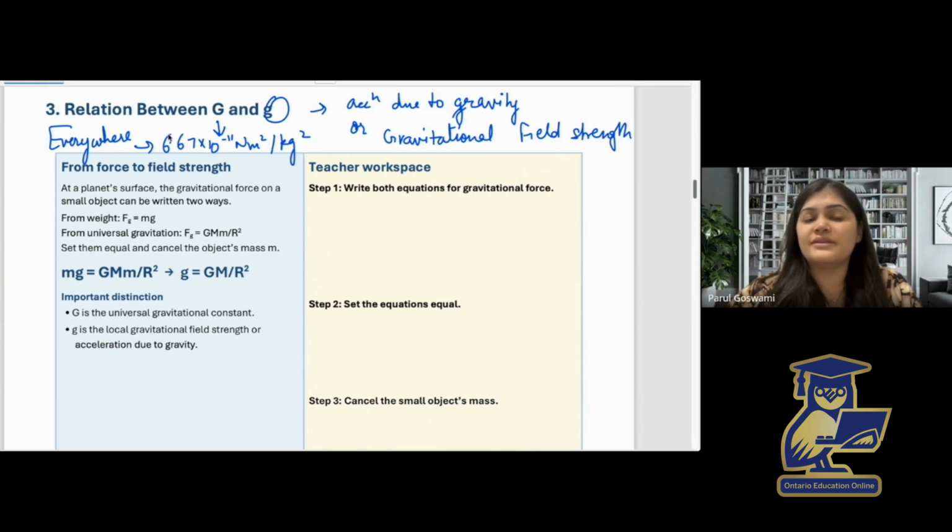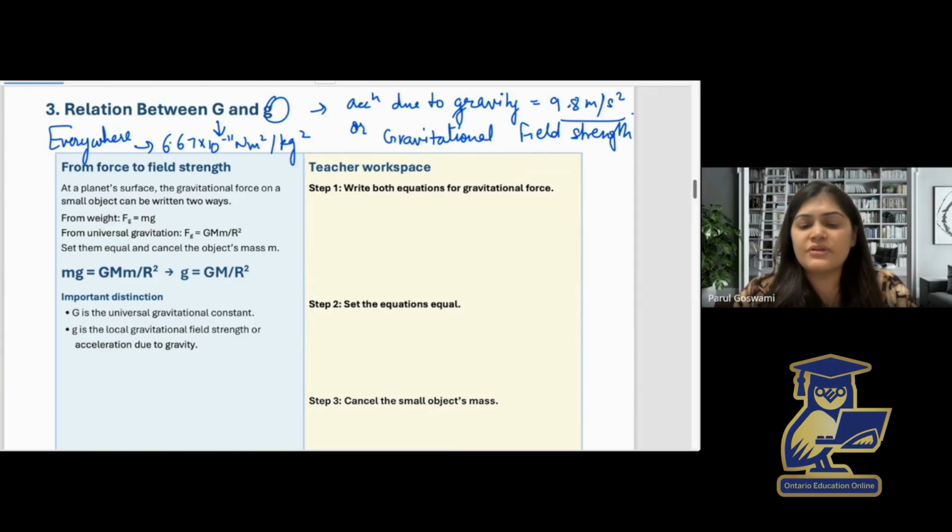So we have to find the relation between capital G and lowercase g. On Earth near the surface, we often use lowercase g as 9.8 meters per second square. But this value is not constant everywhere, it changes. So now we have to find the relation between uppercase G and lowercase g.